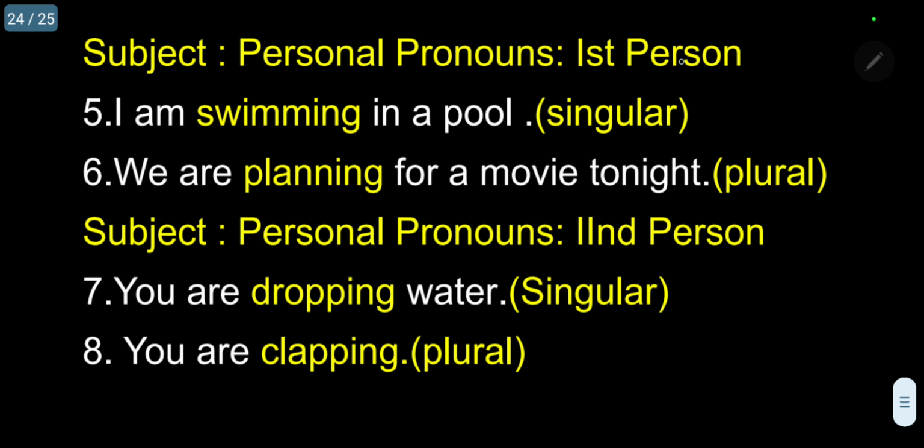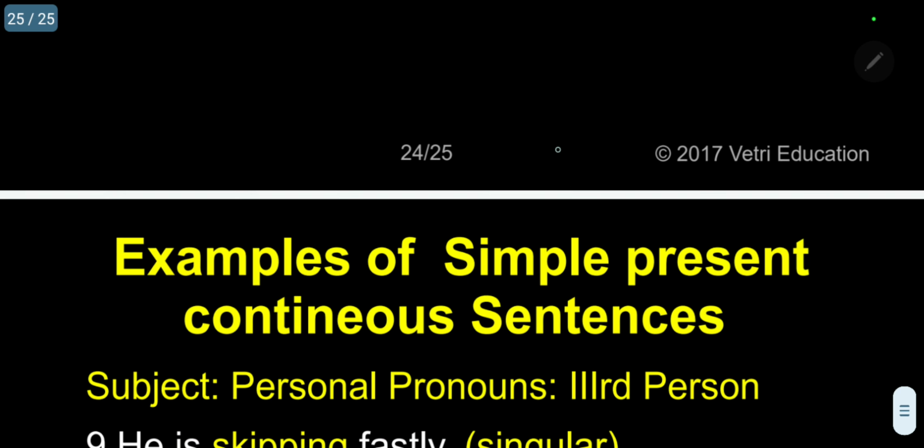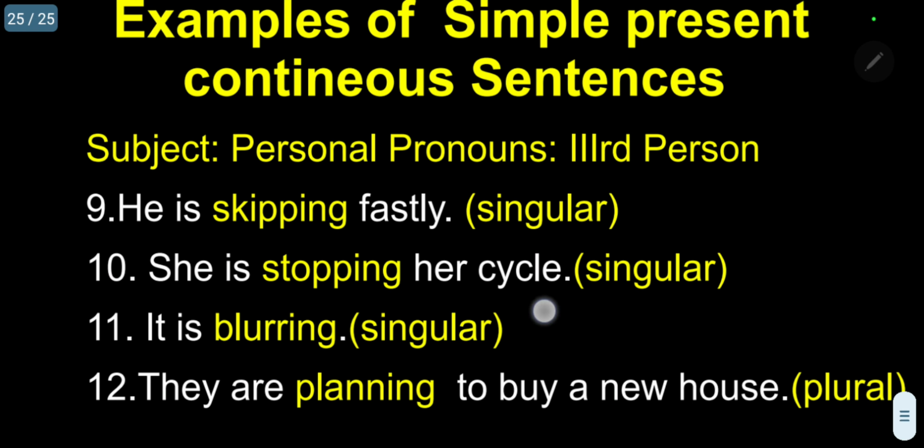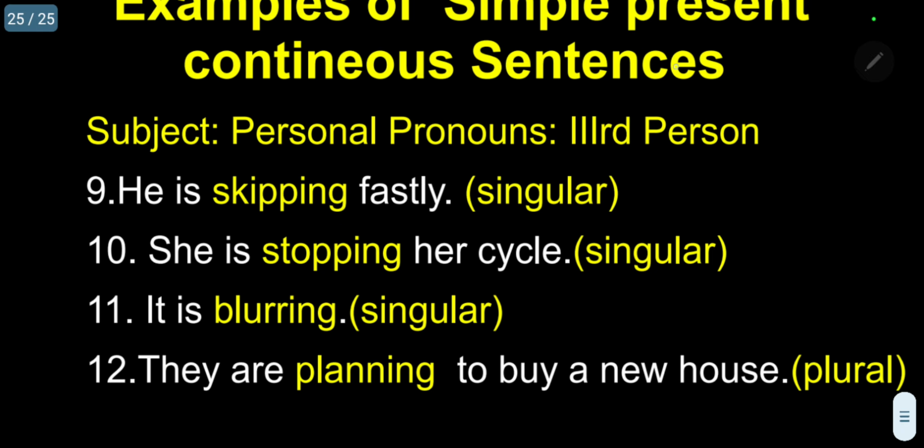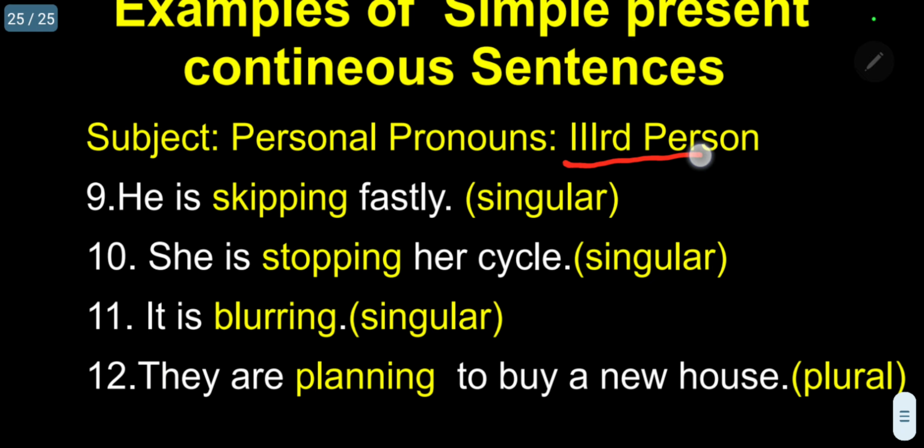Kindly follow. The next one, the third person, again singular and plural. Third person singular: he, she, it. So automatically the auxiliary verb is should be added. Now I am using the verb skip. He is skipping fastly.